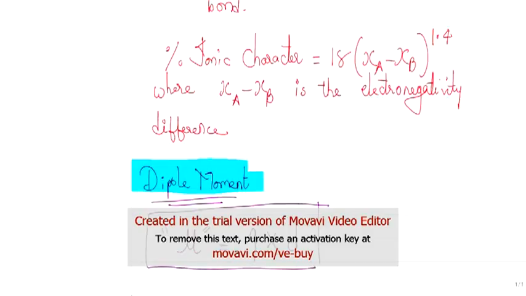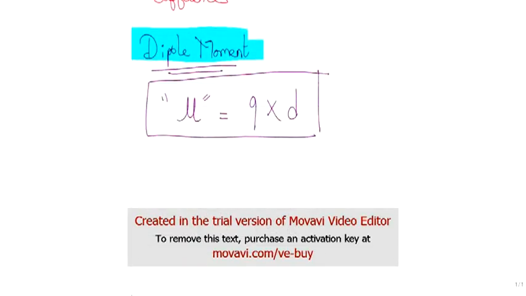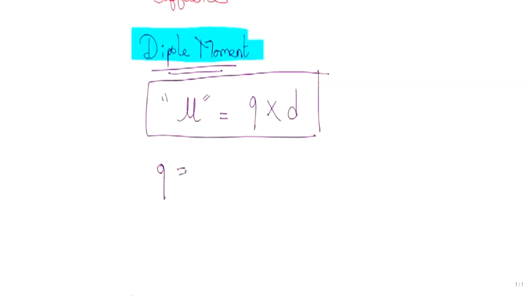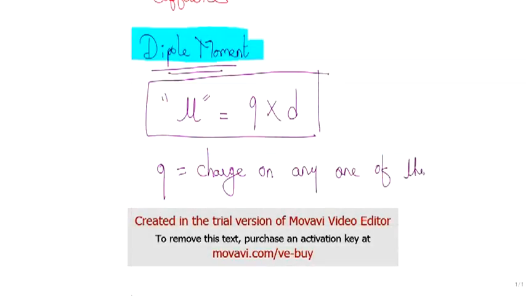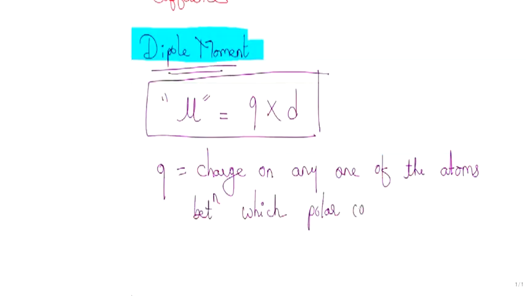But then what is q and what is d? Q is equal to the charge on any one of the atoms between which the polar covalent bond is formed.